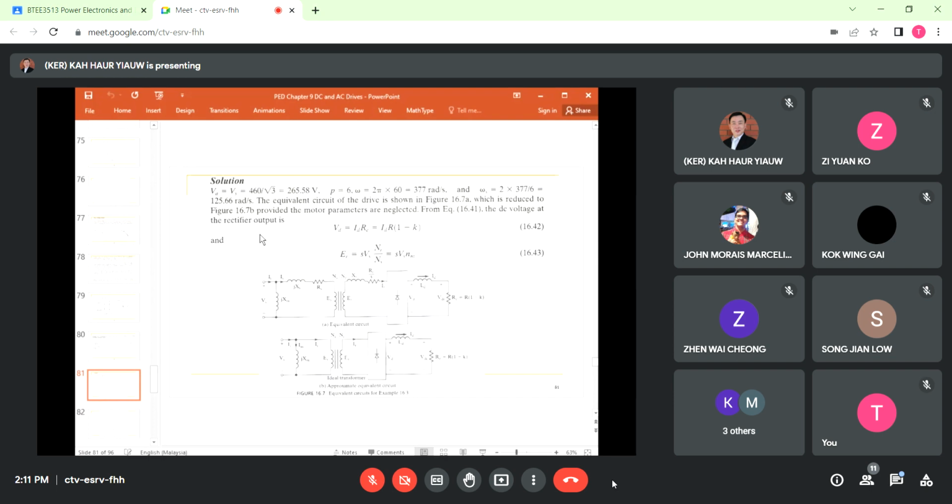The equivalent circuit is shown in this figure A here, and it can be reduced to figure 16.7b, provided that the motor parameters are ignored. So all those parameters are ignored, and this is further simplified into this.